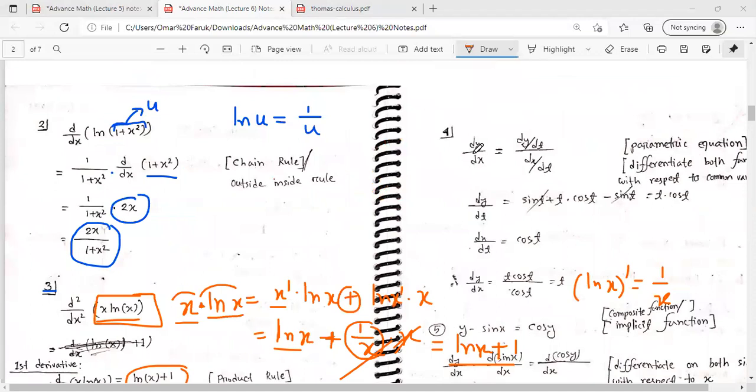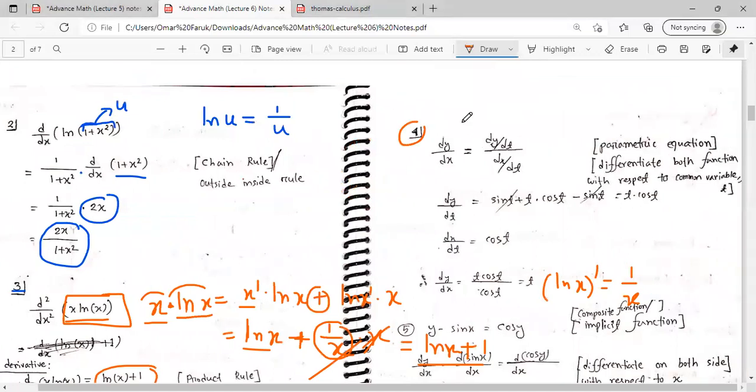Now let's go to number 4. We have a parametric equation, like we had two equations: x is equal to t cos t, and y is equal to cos t.